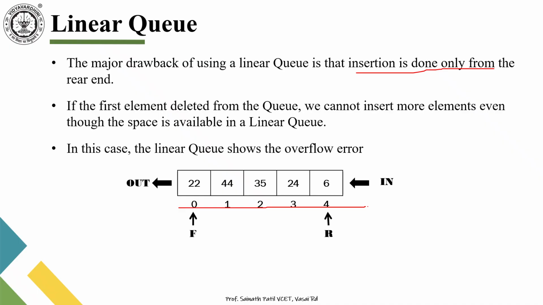Now in this situation, if suppose the first element is deleted, it will still give an error that queue is full. That is the drawback of linear queue. So even after removing, front is going to point at the next element, the zeroth position is free, but still it will give an error that queue is full. So that is the drawback or limitation of linear queue.